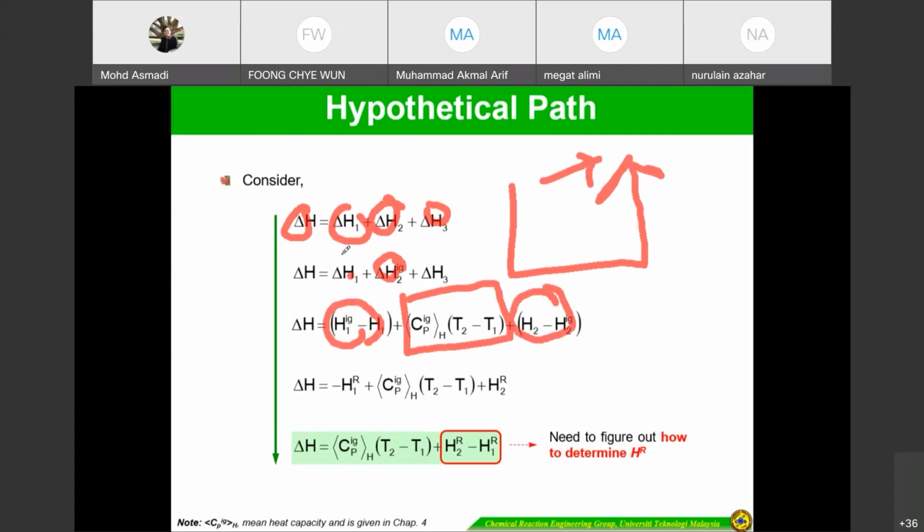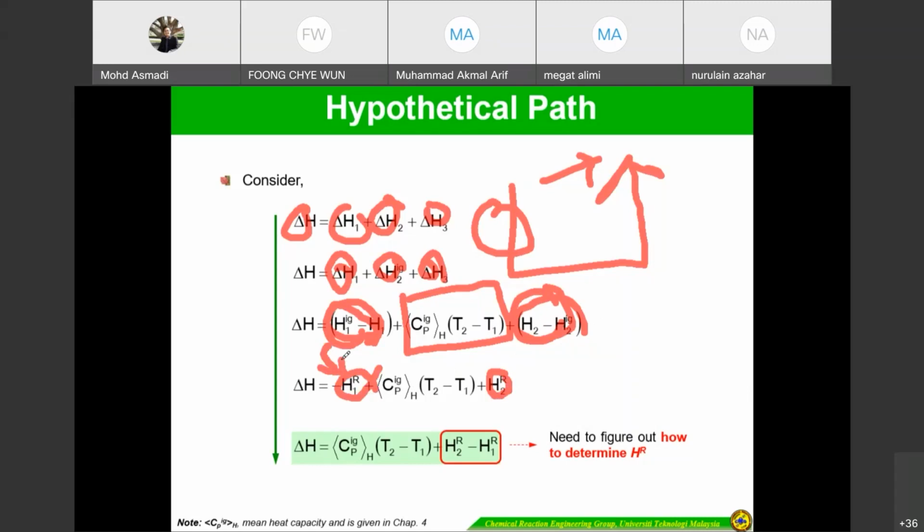This is the real one. So H^ig minus H1, because of this side, and this one is the opposite. This one is the same, H2 and H^ig. Once you rearrange, you can get this one equal to H^R.